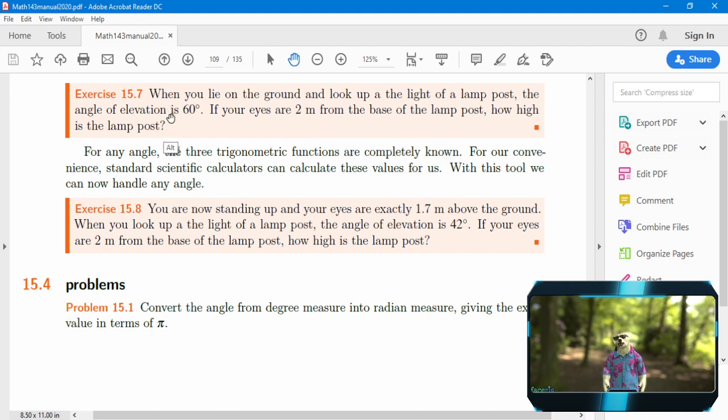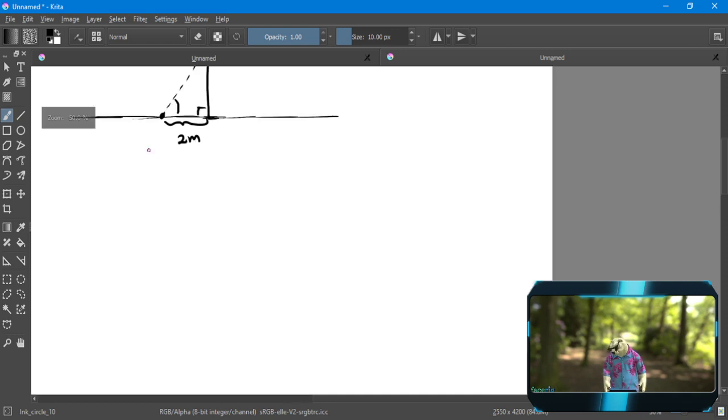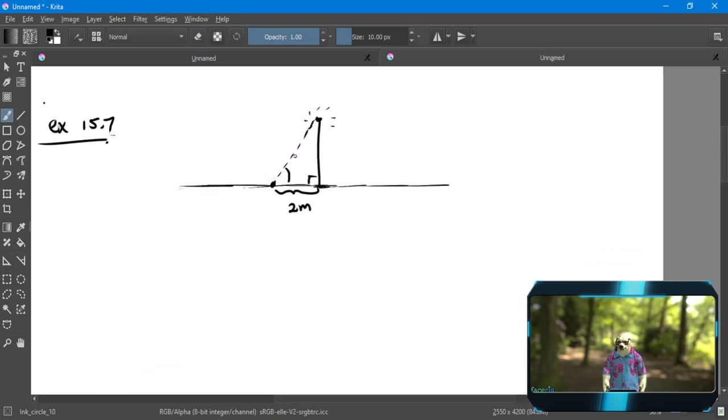And I'm looking up, and my line of sight is making a 60-degree angle of elevation. That means an angle up from the horizontal. So if I look up to the light, let me zoom in a little. Oh, that's way better. That is 60 degrees.